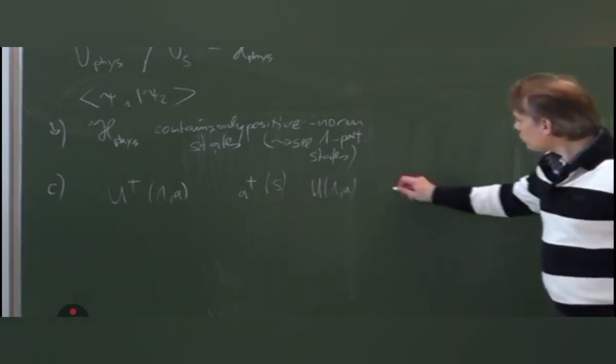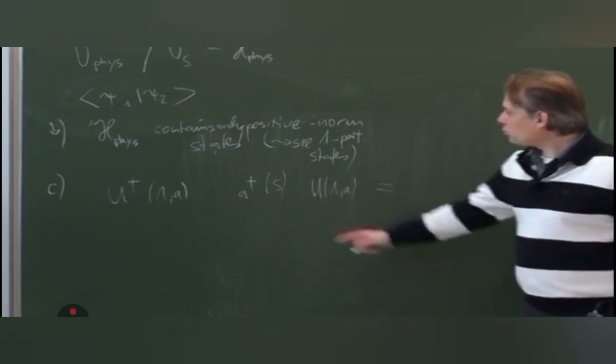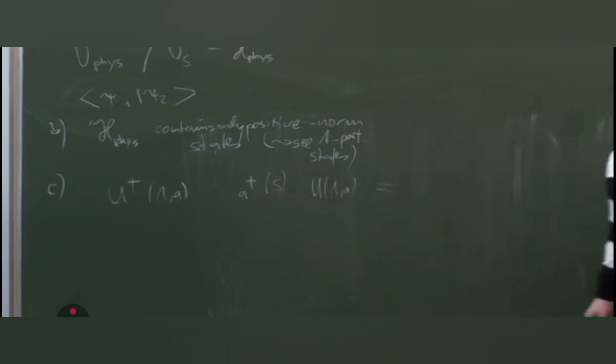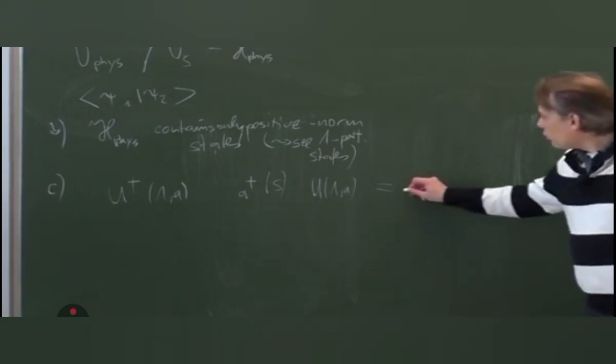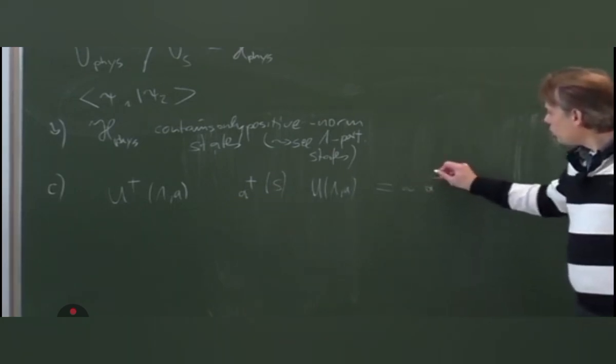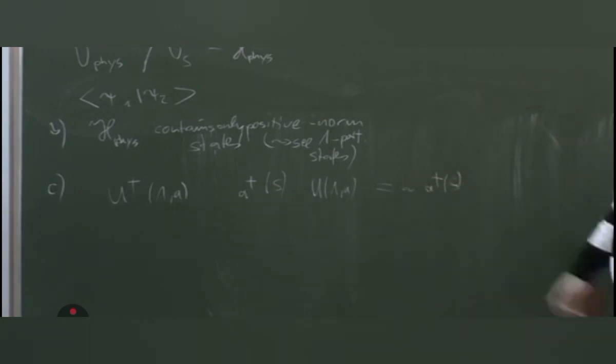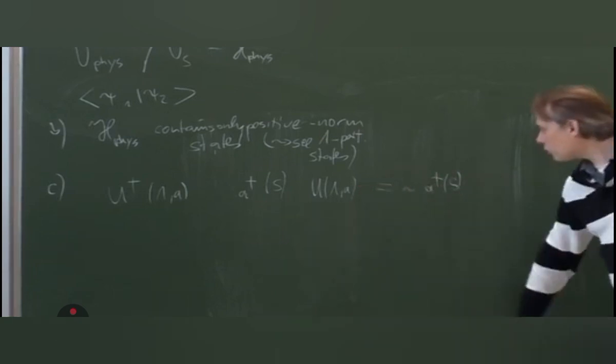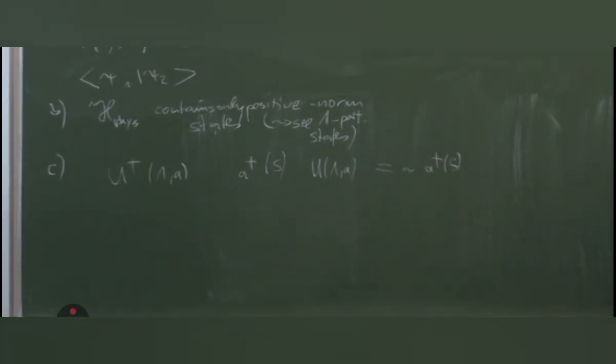What is the result if you do a Poincaré transformation of the scalar polarization? We have already investigated this. And the result was some factor times another A dagger of S operator. So A dagger of S only goes into itself under Poincaré transformations.